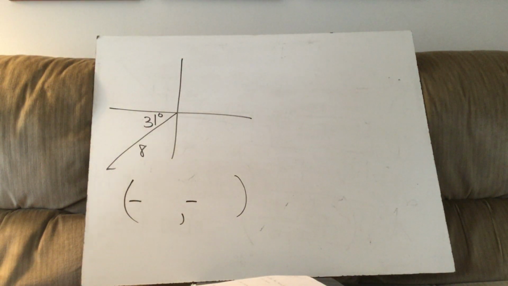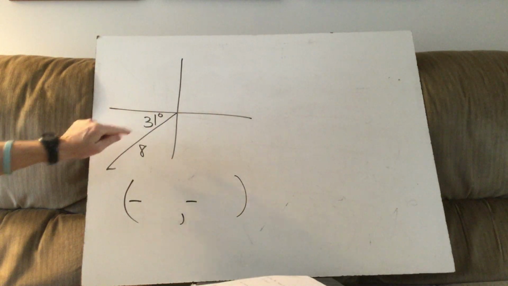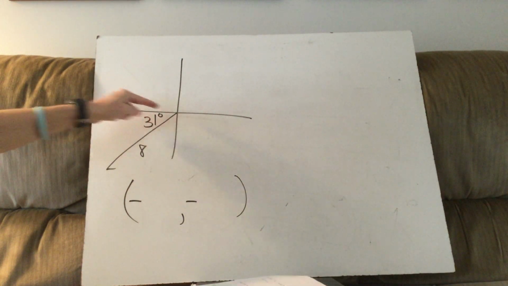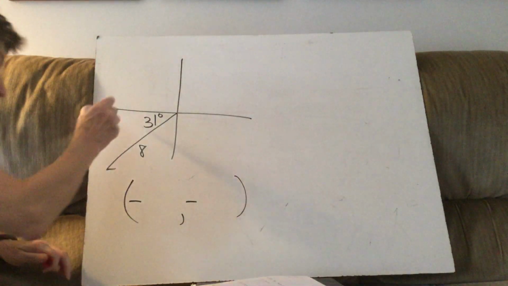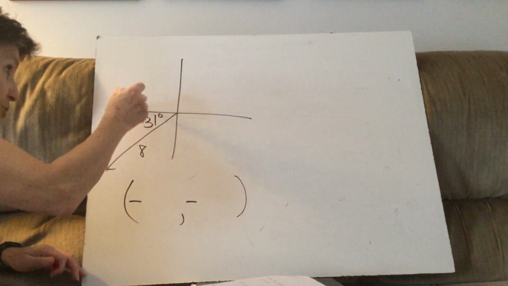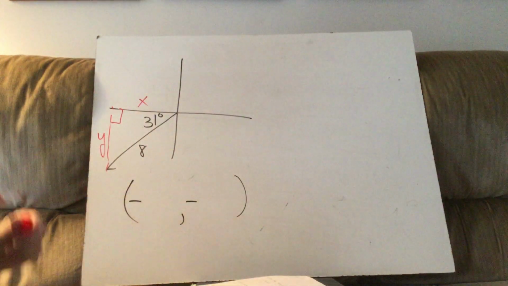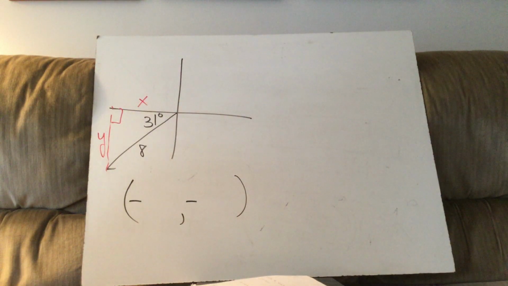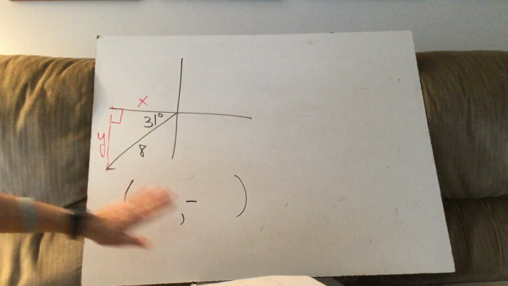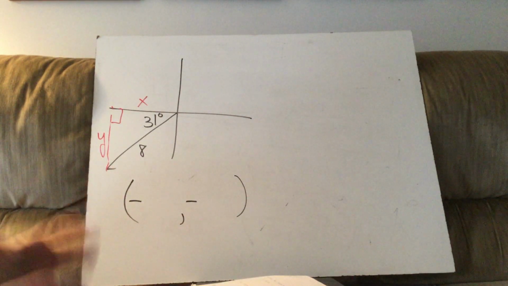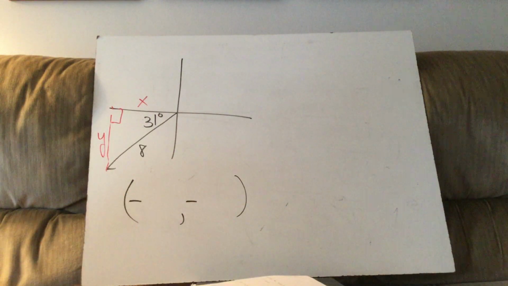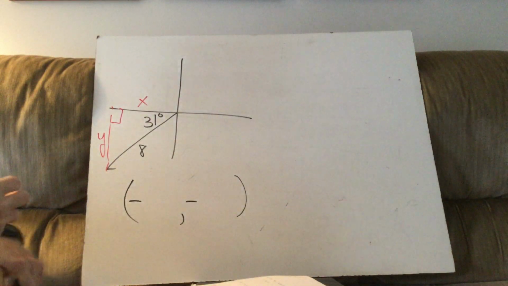Of course you can do that because you're in quadrant 3, and in quadrant 3, x is negative and y is negative. And remember, that's your strategy. You're finding x and y, and they're both going to be negative when you write your final answer. So it doesn't matter when you put the negatives in, but just make sure that your final answer is negative, negative.